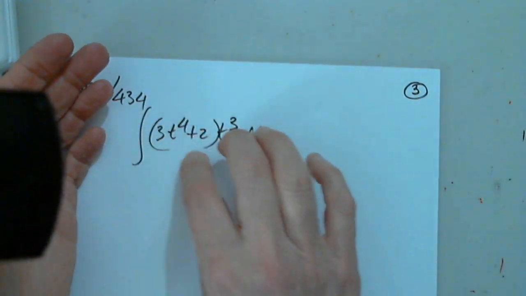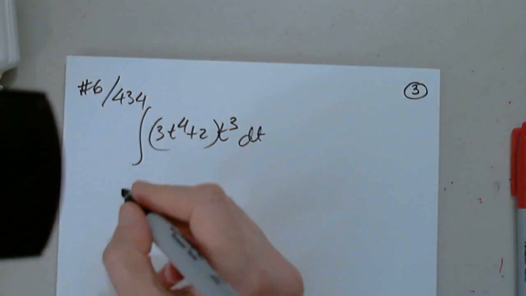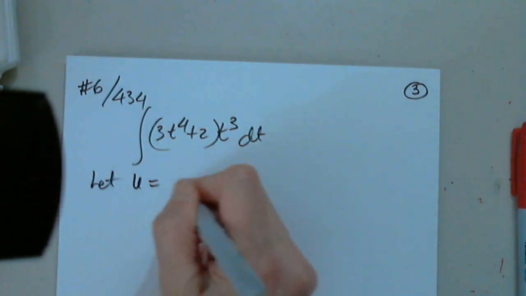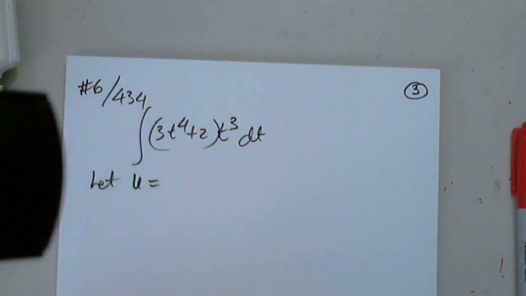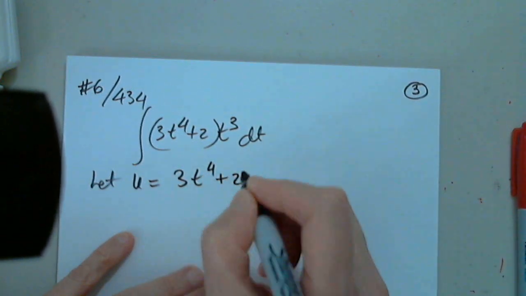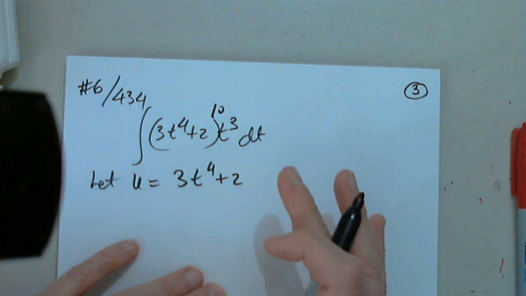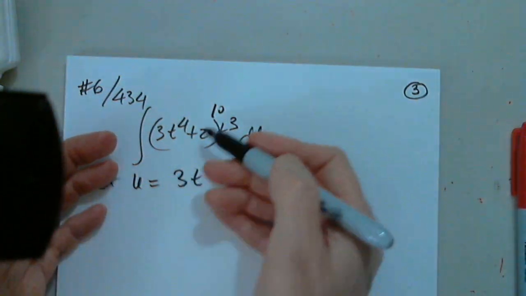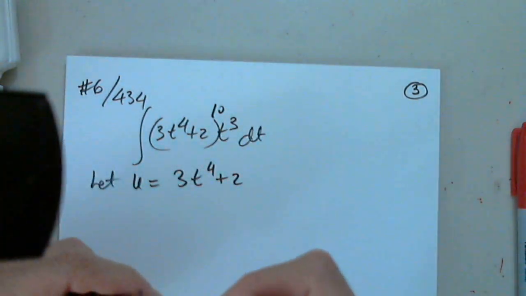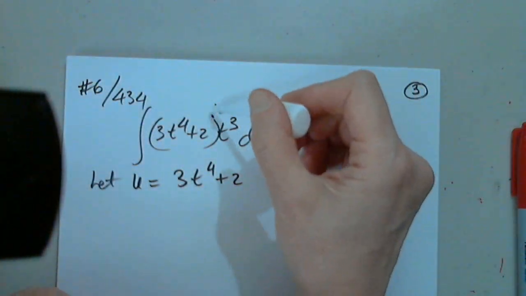So look at this function and say, I think I am going to let u be, what do you think? Yes, 3t to the 4th plus 2. But you can distribute for this. If I had a power of 10 here, I would not distribute, because I would have to raise this to the 10th power and then distribute. But there is no power there, right?